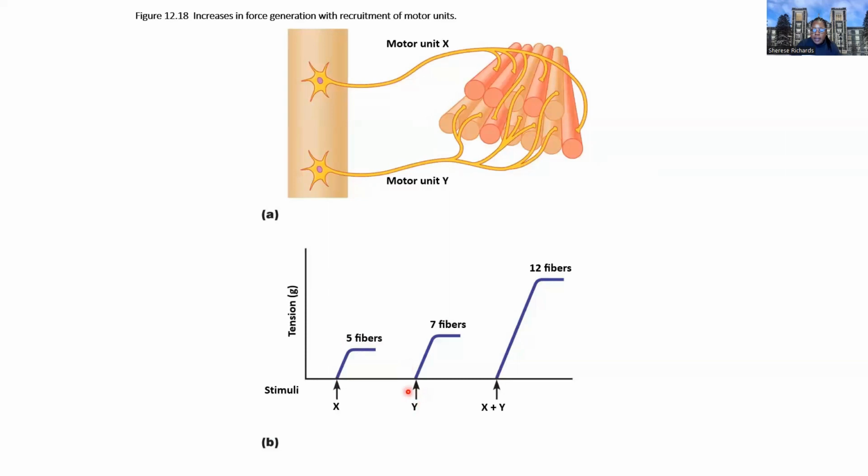If we look at the force generated by motor unit Y alone, slightly more, because we have more fibers that it is innervating, so 7 fibers, so slightly more force. But if we use the combined contraction, if we recruit both of these units to contract together, now we're going to add the force, we're going to sum that force together, add the number of fibers, and we're going to have maximum force by recruiting more units.